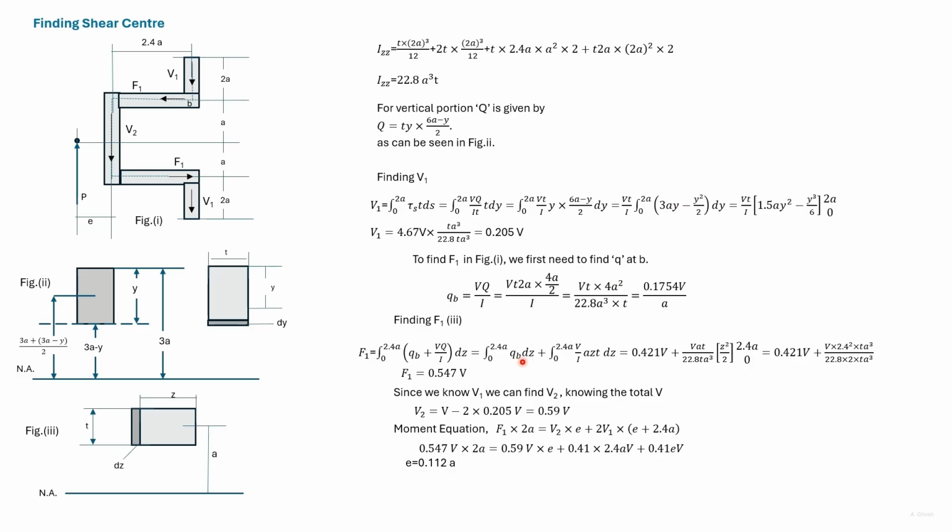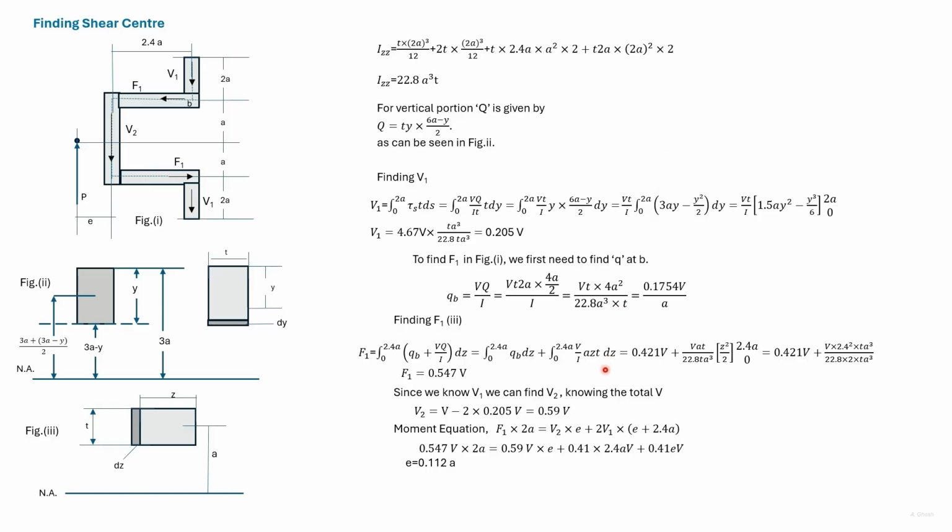We can substitute Q from here, and for this portion, capital Q is Z into P into A. Integrating this portion, we get Q P into Z, and substituting 2.4a for Z, we get this value.